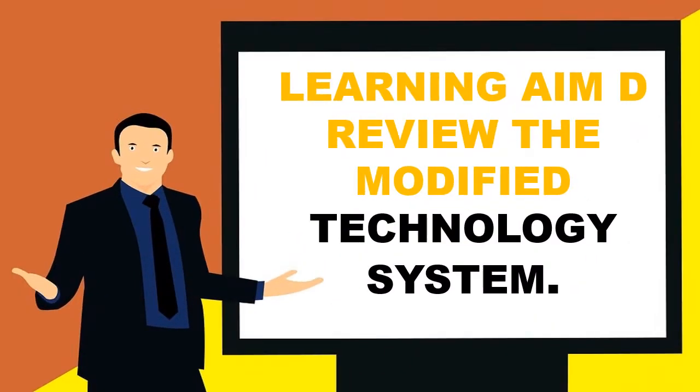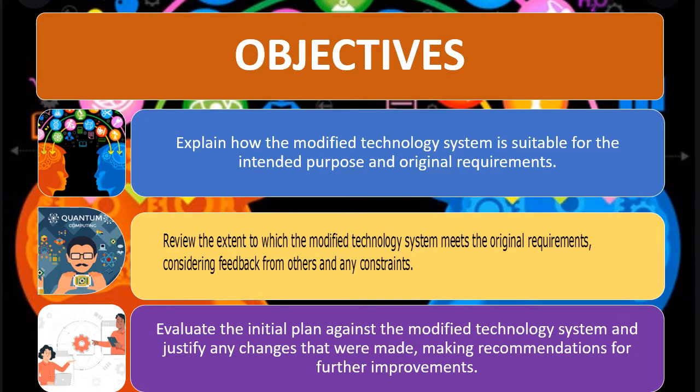Learning aim D, review the modified technology system. This is the aim that we are working with. The objectives today are: explain how the modified technology system is suitable for the intended purpose and original requirements.